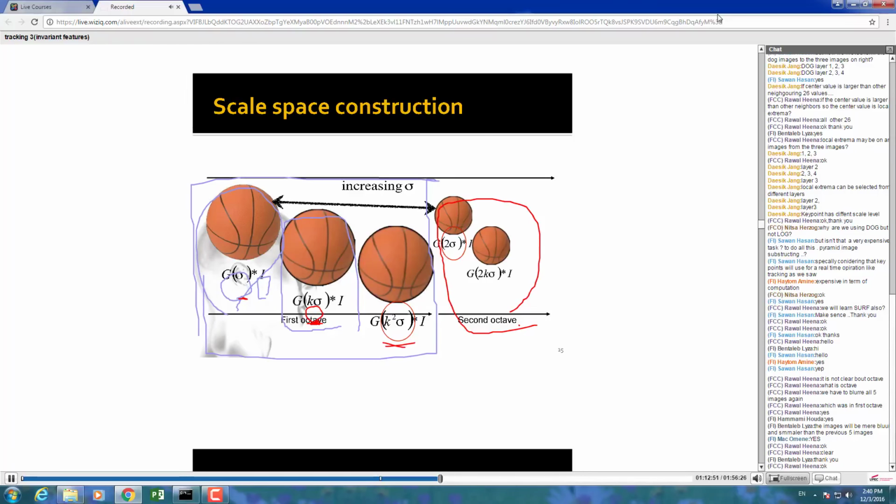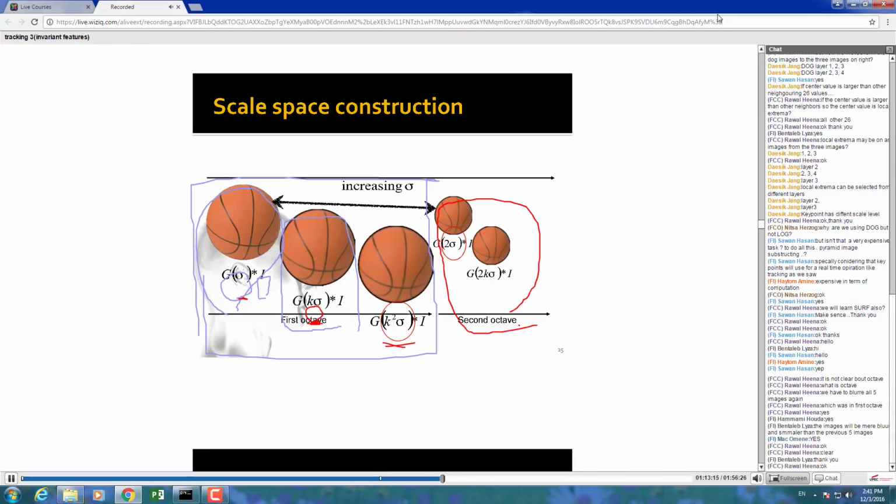By the way, when we move to the second octave, on the right side here, the ball is getting smaller because the image has been scaled down. Then what kind of sigma do we have to apply?